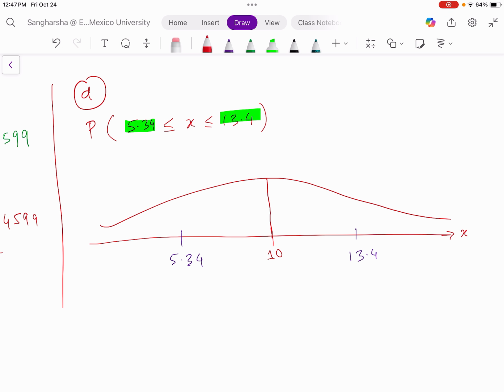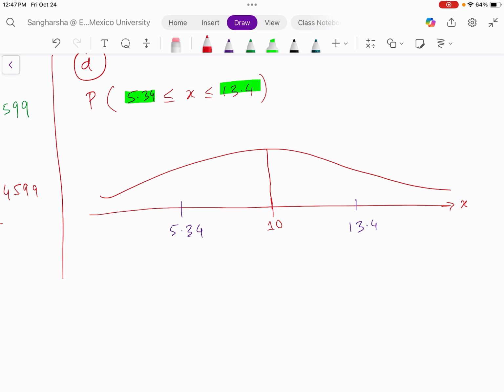This horizontal axis is our x. Normal distribution means always the normal table, and to use the normal table we need a z value instead of x. So let's convert each x into z. To convert 5.34, we have 5.34 minus mu, which is 10, divided by sigma, which is 2, and this is negative 2.33.